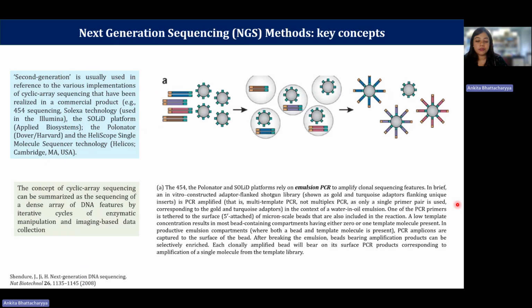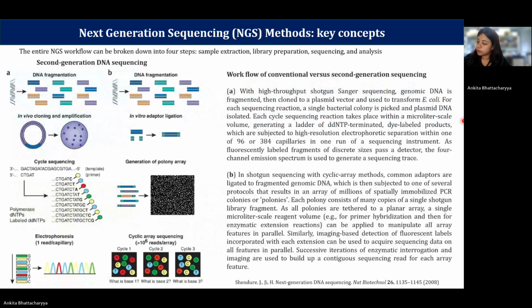In productive emulsion compartments where both of these molecules are present, PCR amplicons are captured to the surface of the bead, and then they can be selectively enriched. You can sequence those, so that's a different ball game altogether.